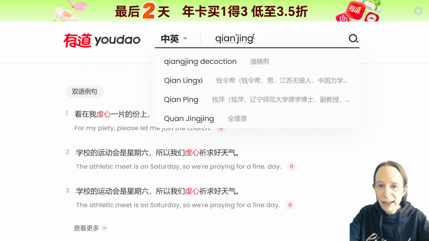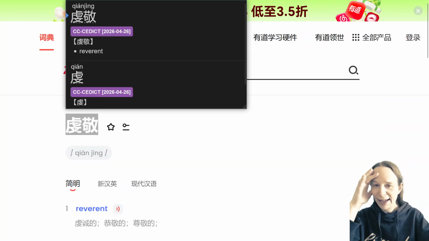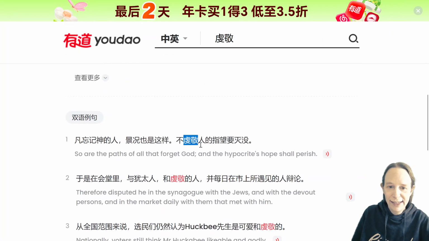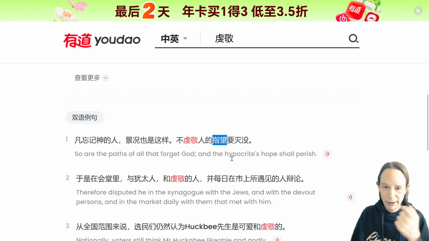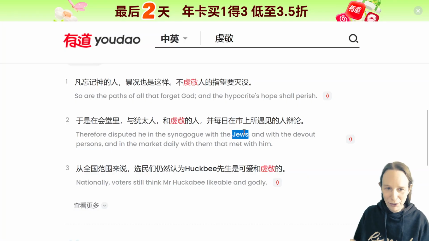前进, so pious, respect or something like this, reverent. Yeah, 不前进人的指望, the hypocrite or non-pious, the disbeliever. 前进的人, all right, the devout, presumably Jew in this case.